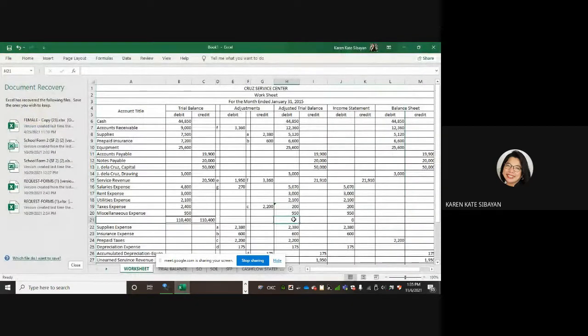In short, this is your capital. Di ba sa transaction, pag meron kang cash investment, for example, Mrs. Sibayan invested 200,000 cash to open her bakery. Debit cash, credit, anong meron? Sibayan, capital. Yun.